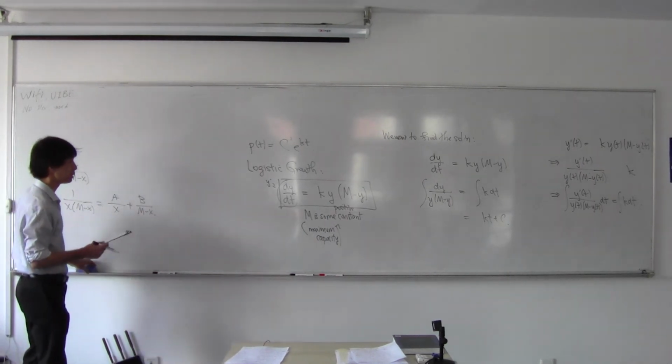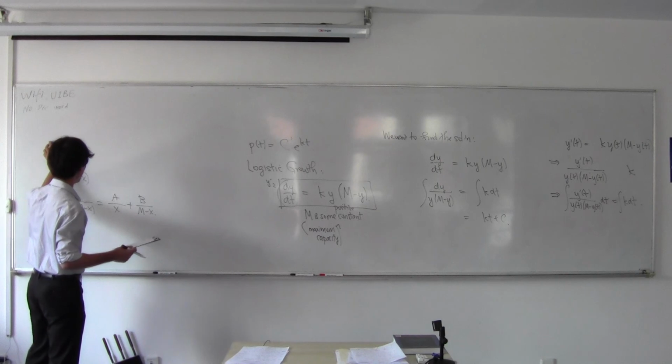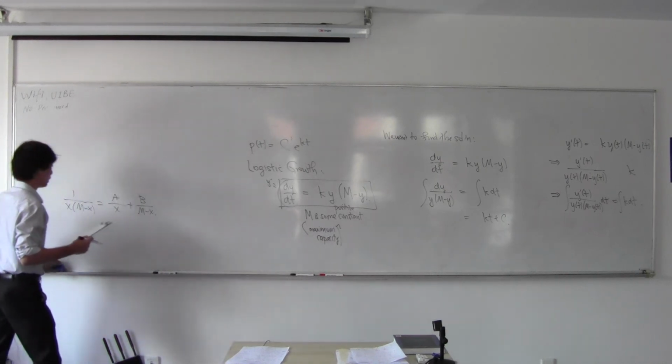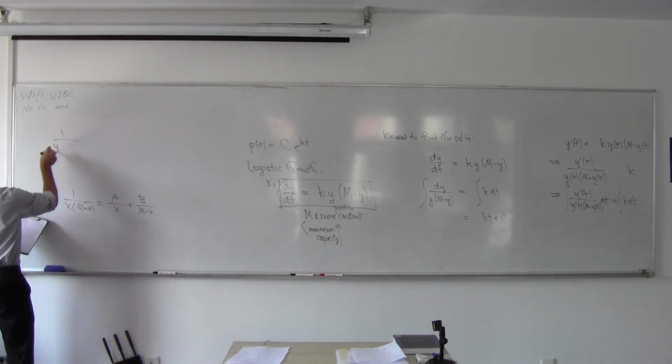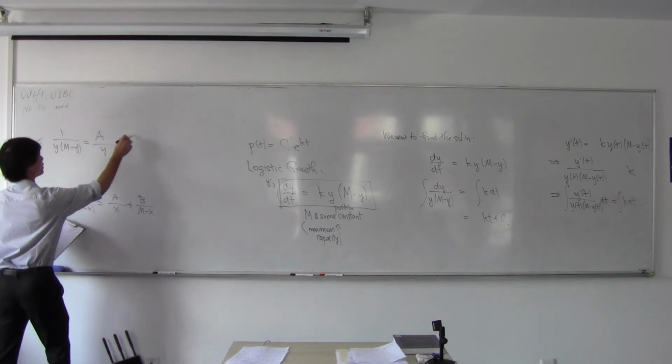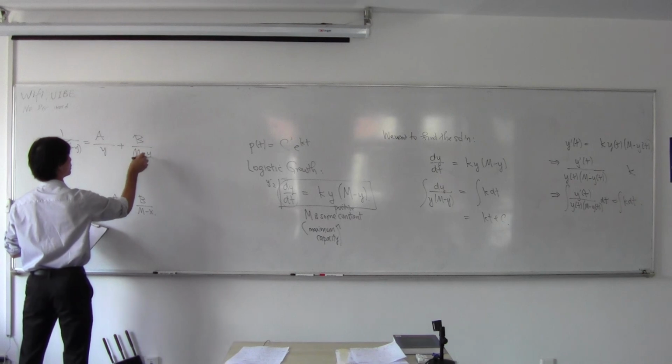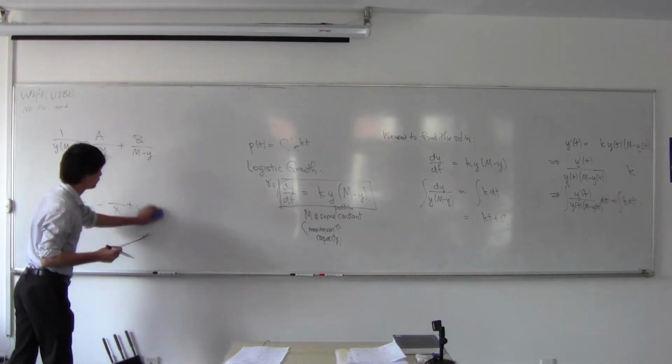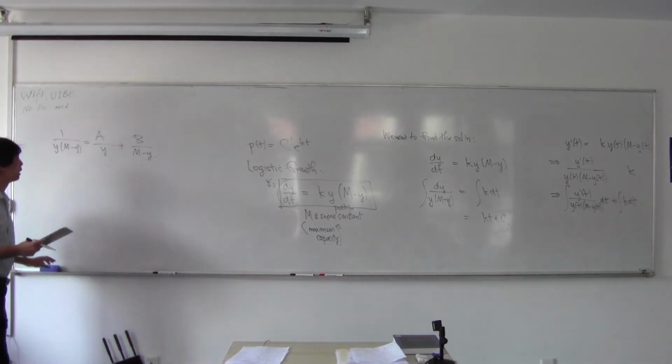Actually, let me switch it back to y, since we wrote everything in terms of y. You take 1 over y times (m minus y), and it's going to be a over y plus b over m minus y. Then you figure out what a and b are.